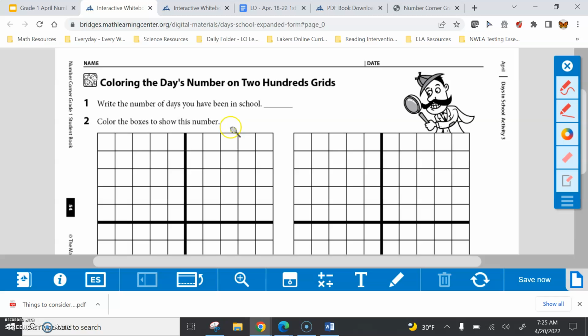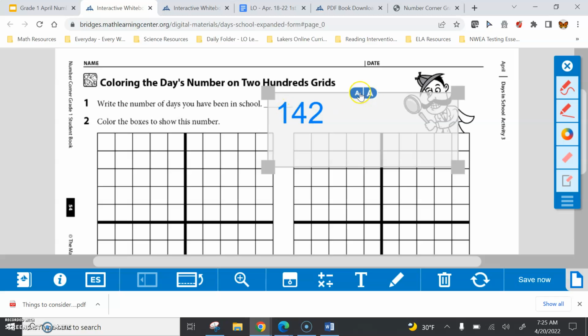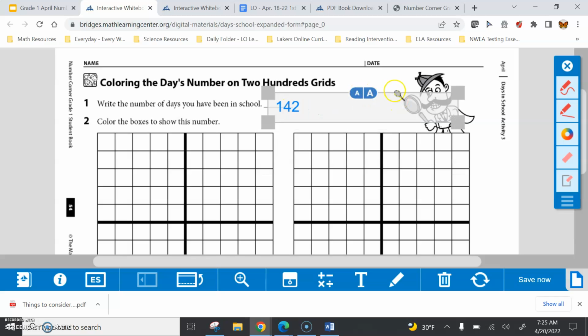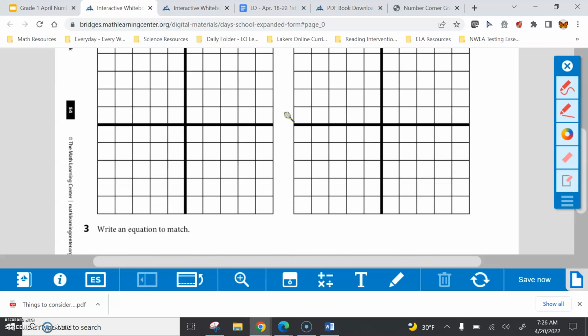We are being asked, well, how many days have you been in school? Write that number. And we know that number. We just talked about it. 142. So we're going to take that number, 142, and we're going to put it right in this spot, 142.